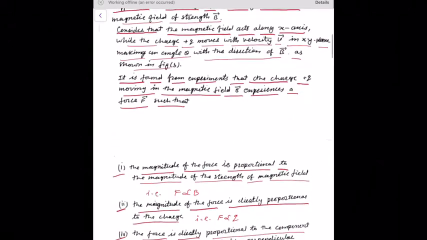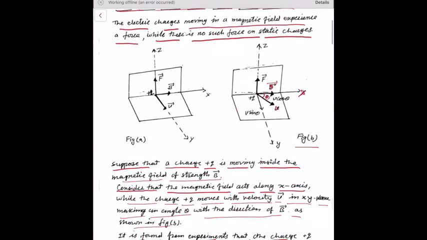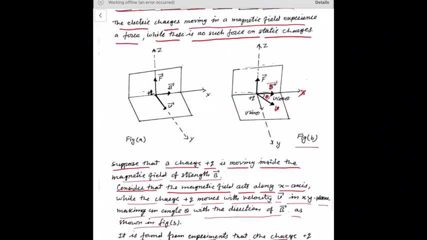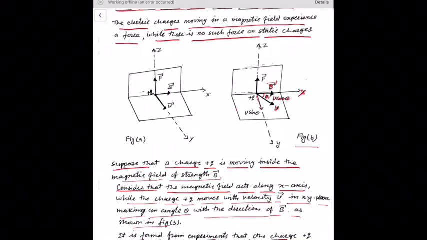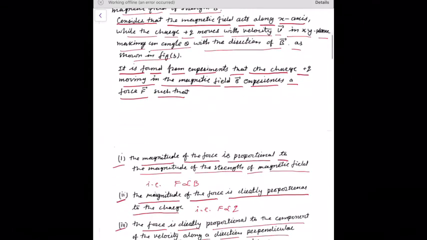F is proportional to v sine theta. Here in the diagram, resolve v in two components. First is horizontal component v cos theta, and second vertical component v sine theta.